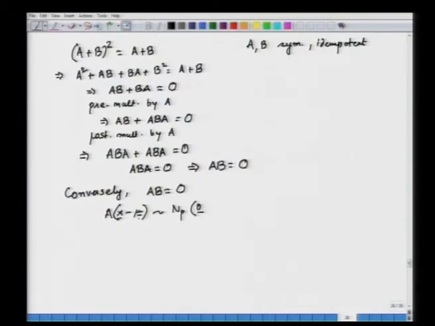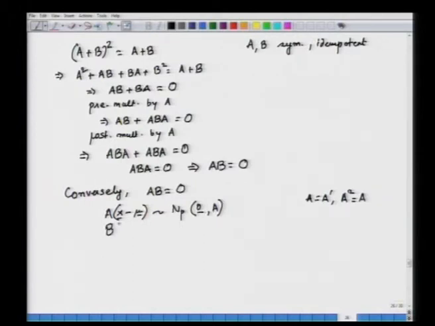And what is the covariance matrix? The covariance matrix is A A transpose, because the covariance matrix in this setup is the identity matrix. Now, A transpose is A, since A is symmetric, and A square is nothing but A. So I end up with a p-variate normal with mean 0 and covariance A.